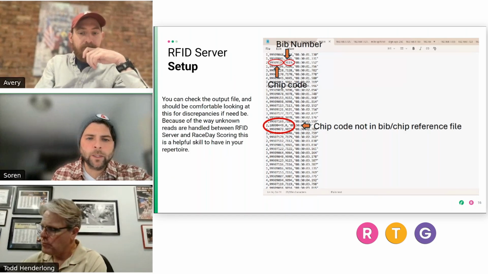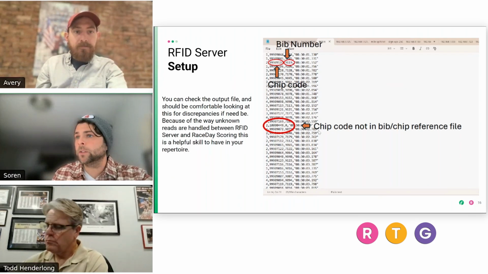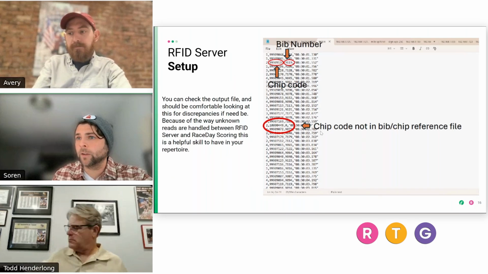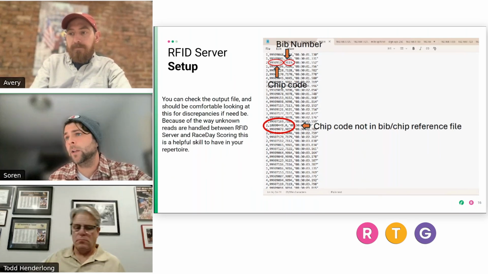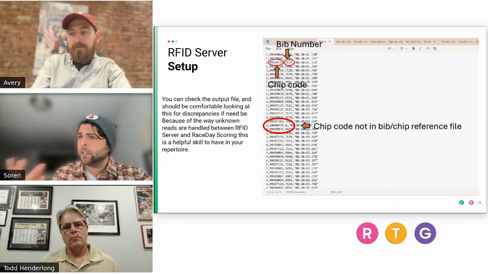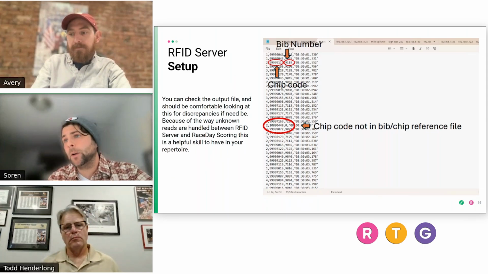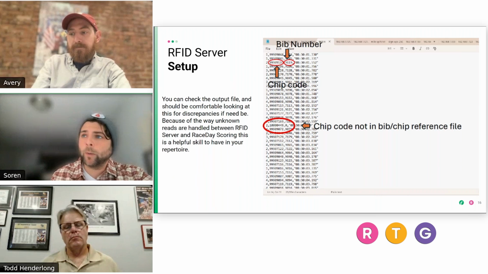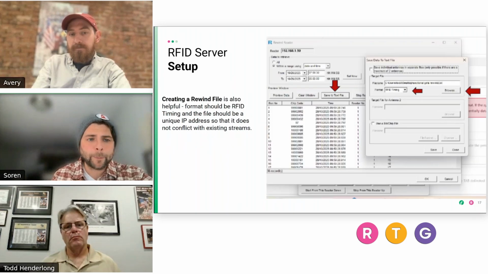This can be really important to do because if you have something that's not in your bib chip reference file, like this one circled here, you need to be able to identify that. This is a really important skill to have as an RFID user. Because again, that data is being sent over and it's going to be an unknown in race day scoring. So you might need to go back in and figure out, is there something off there? This is where you would go and assess some of that.